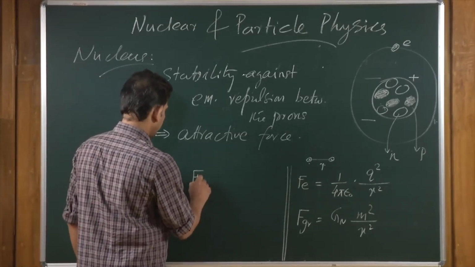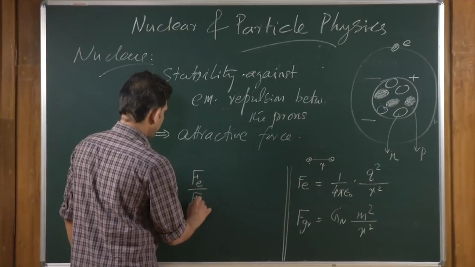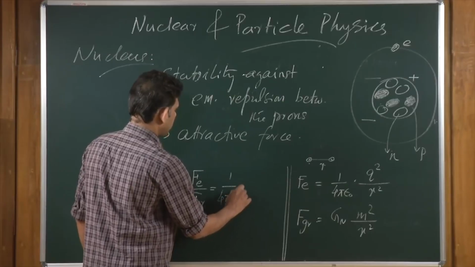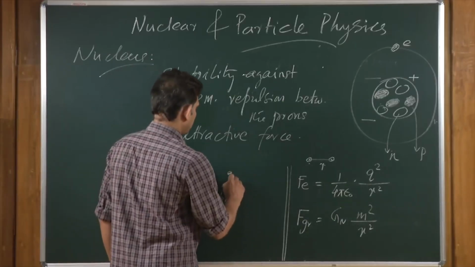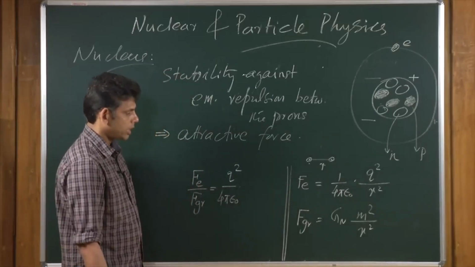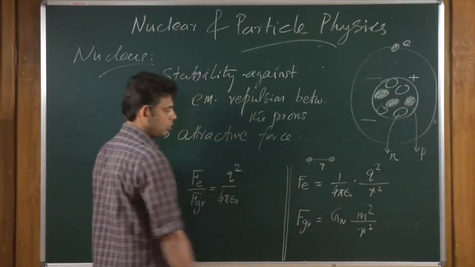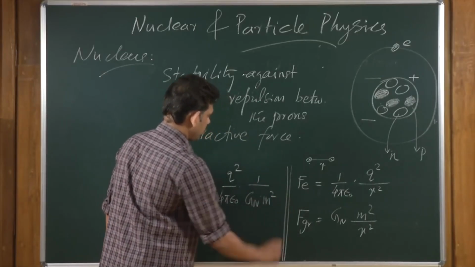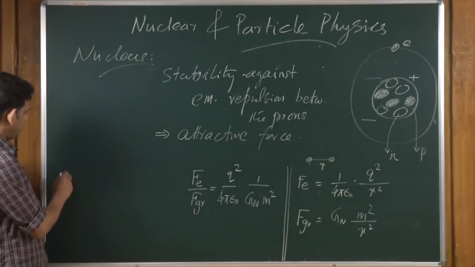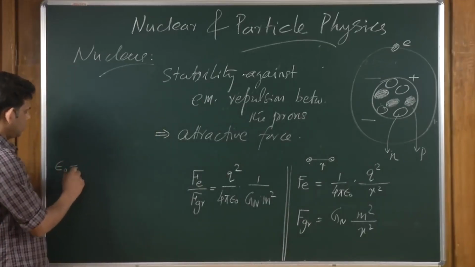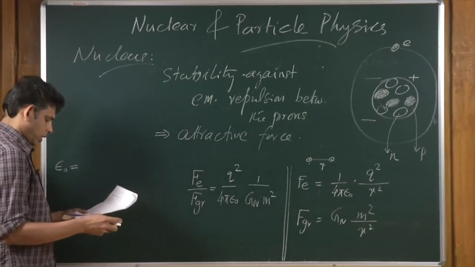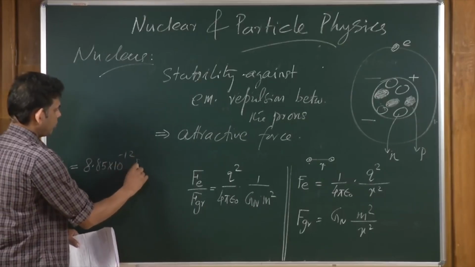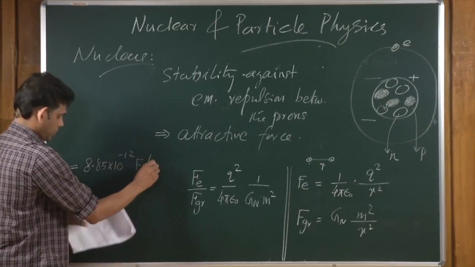So, let us take the ratio of the electric force and the gravitational force. You will get 1 over 4 pi epsilon 0 q square in the numerator, r square cancels when you take the ratio, and G_N m square in the denominator. We need epsilon 0, which is 8.85 into 10 power minus 12 in SI units.